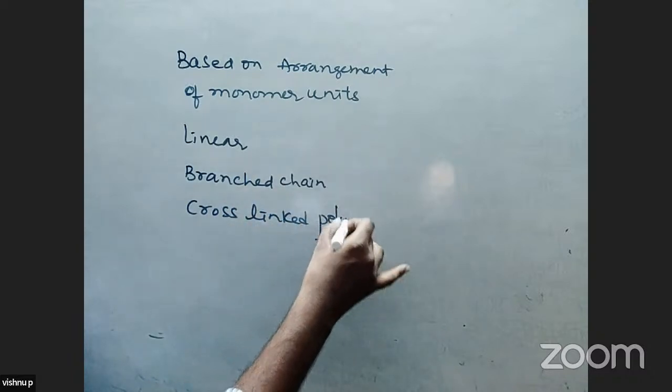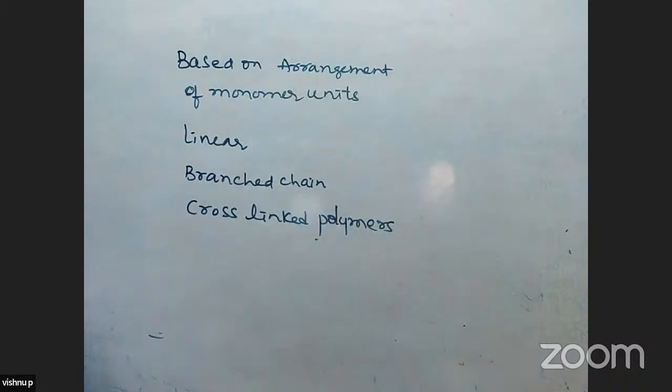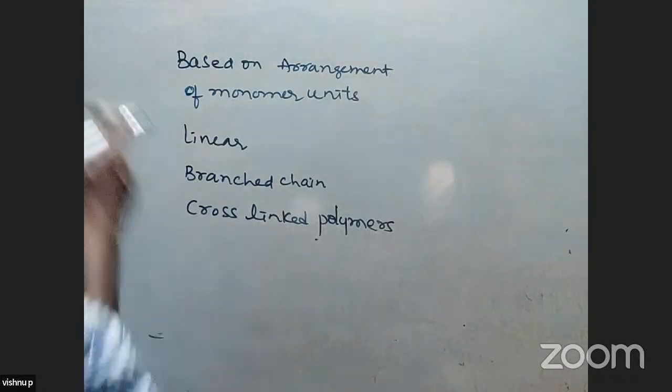Three types are there. Based on arrangement of monomer units: linear polymers, branched chain polymers, and cross-linked polymers.